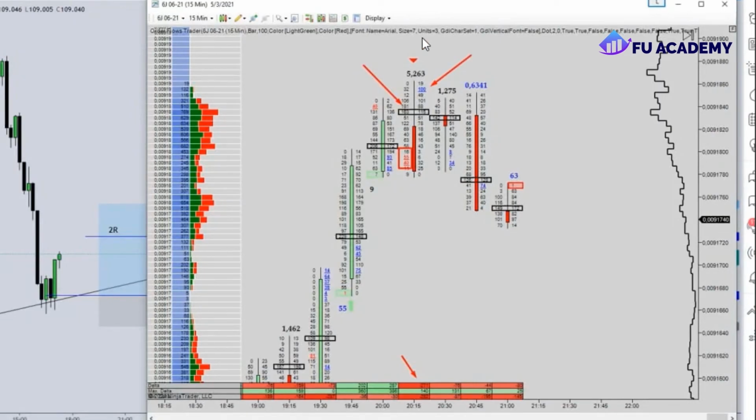But if you see what happened here, because I need to look for the 6J sell setup, I saw more than 110 contract buyers getting trapped here, sellers are joining, and I see a huge delta shift.